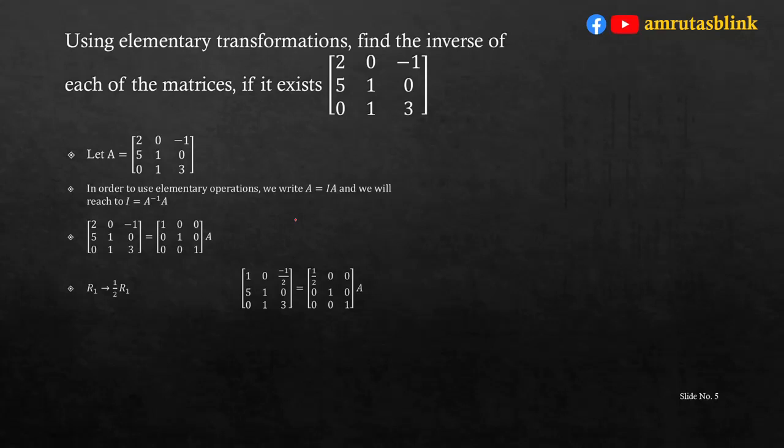Hence R1 will become 1 by 2 into R1, that is 2 divided by 2 is equal to 1, 0 divided by 2 is 0 and minus 1 divided by 2 is minus 1 by 2. R2 and R3 will remain the same, 5, 1, 0, 0, 1, 3 is equal to 1 by 2, 0, 0, 0, 1, 0, 0, 0, 1, that is R2 and R3 stay as they are, into A.